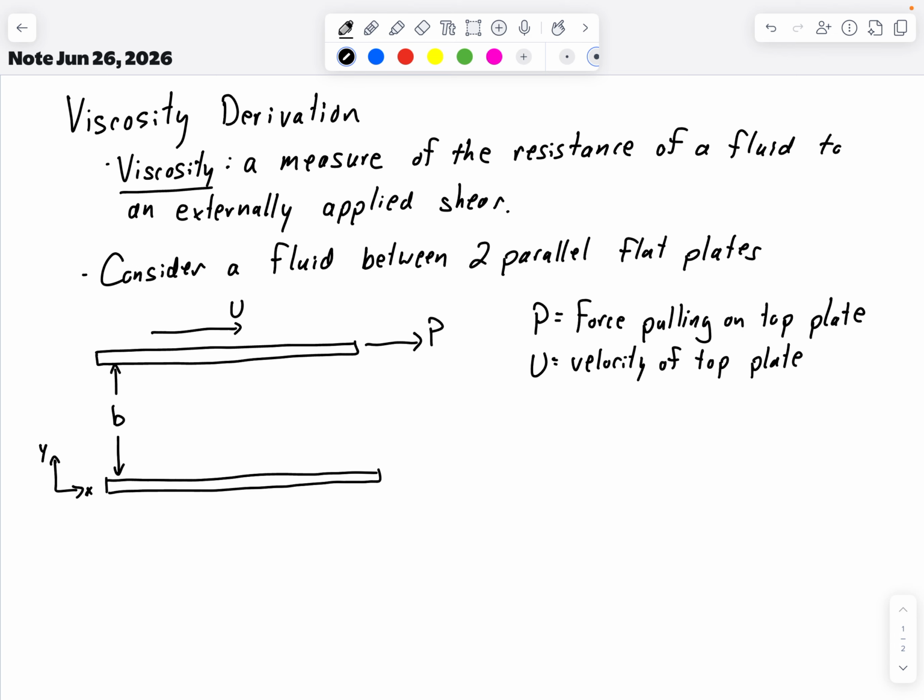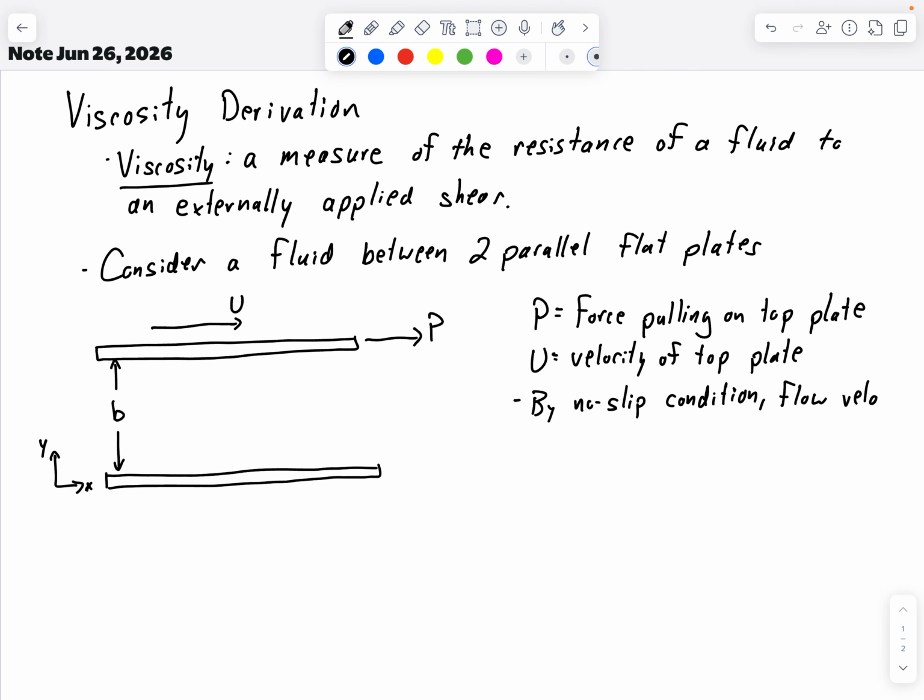So what's going to happen to the fluid in between these two plates? Well, we know that by the no-slip condition, the flow velocity at the bottom must be 0, since that bottom plate is stationary.